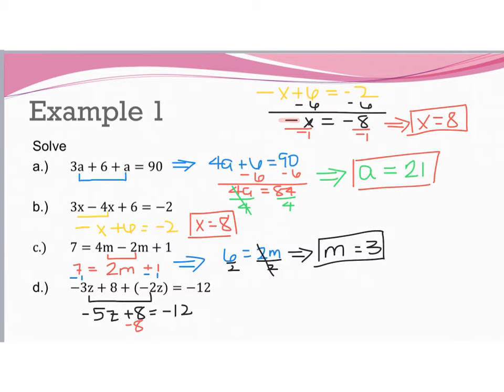So if I subtract 8 from both sides, I now have a negative 5z equals a negative 20. I want to get z by itself, and that's negative 5 times z. So I can divide both sides by a negative 5, which is going to leave me with z equals negative 20 divided by negative 5, which gives me a positive 4.